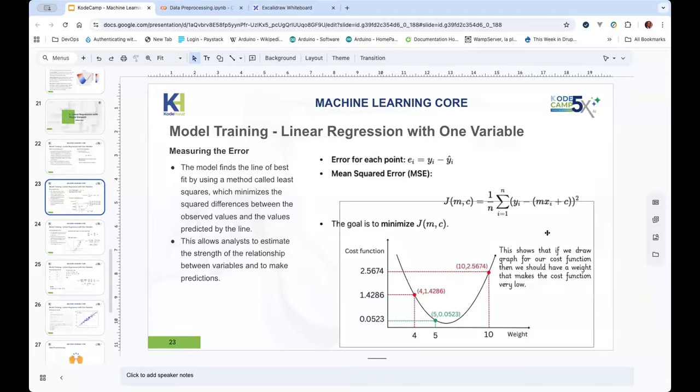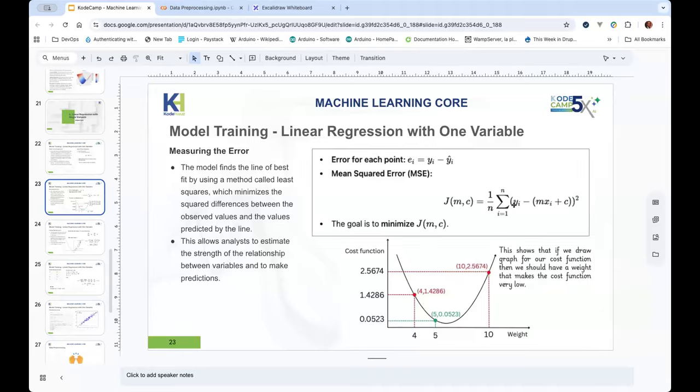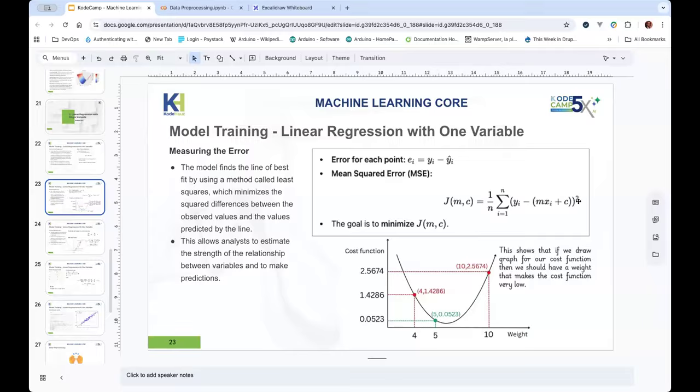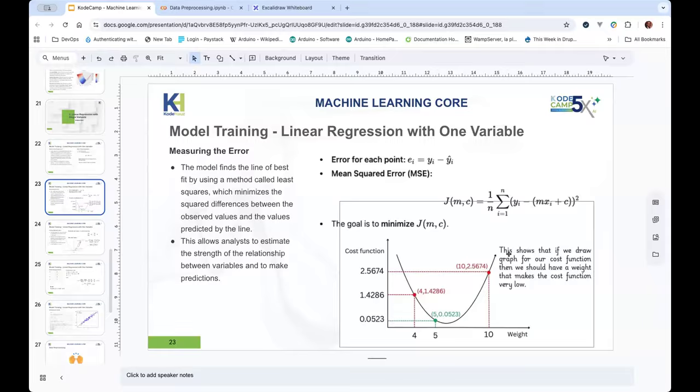And the reason why it's quadratic is because it's squared. Remember, a quadratic equation is x squared plus 2x plus 1. That's an example. Ax squared plus bx plus c. A quadratic equation always has this shape. So any function that is squared always has this shape. It's either this or reversed, upside down like this.